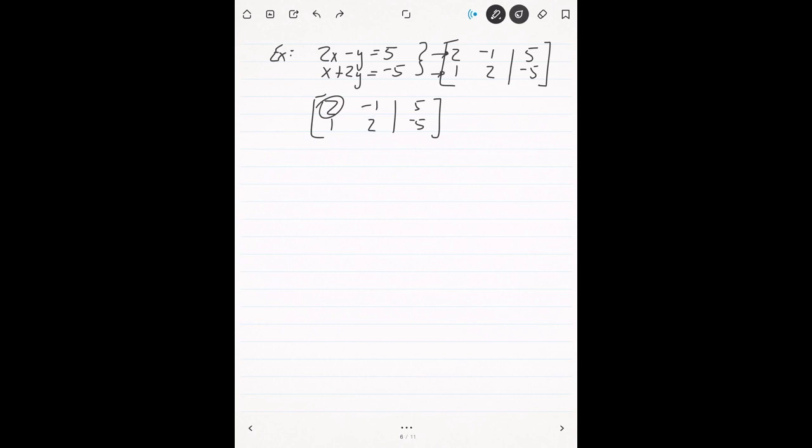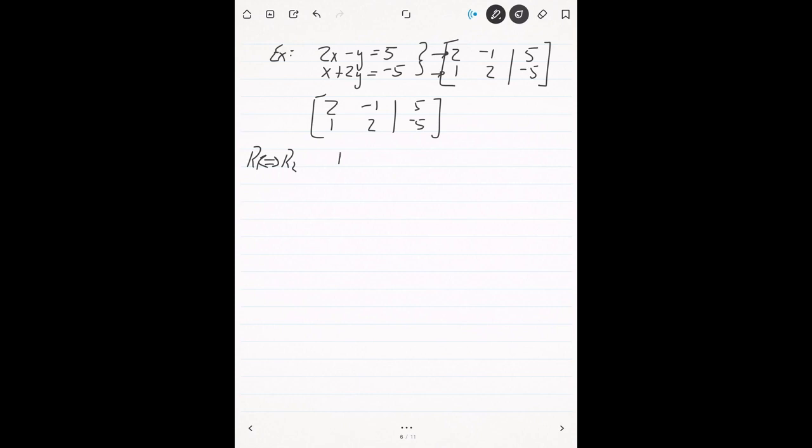So how might we go about doing that? Well, one technique I'm seeing right away is if I want these to be 1s, I kind of want these spots to swap. So what I'm going to do is let's take row 1 and row 2 and swap them.